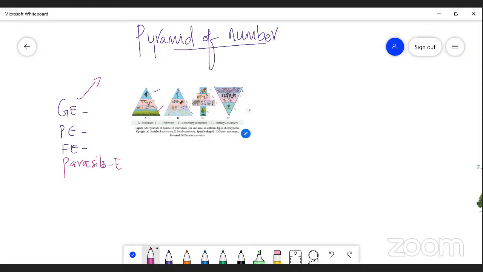Finally T4 is occupied by the eagle. So there is a gradual decrease of organisms from one trophic level to another.